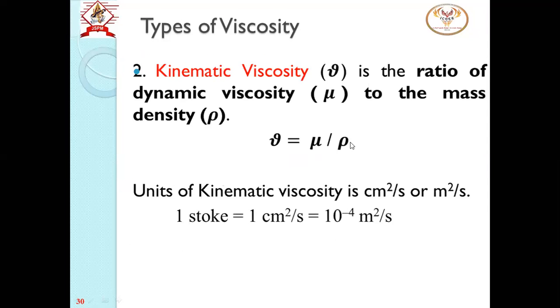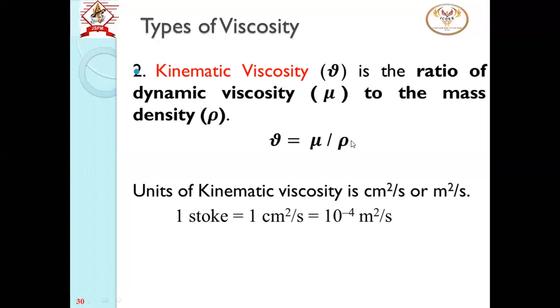Then the second is kinematic viscosity. First was dynamic, this is kinematic viscosity, denoted as nu. It is the ratio of dynamic viscosity to mass density. It is simple: nu is equal to mu upon rho, where rho is mass density.